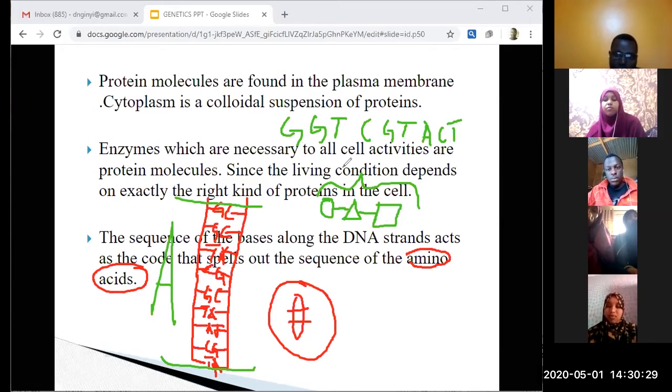Like the example I've given here, if this is gene A responsible for synthesis of melanin, this coded information will be copied on a messenger RNA, and it will be transferred to the ribosomes in the cytoplasm, who will be able to interpret this coded information and synthesize melanin.